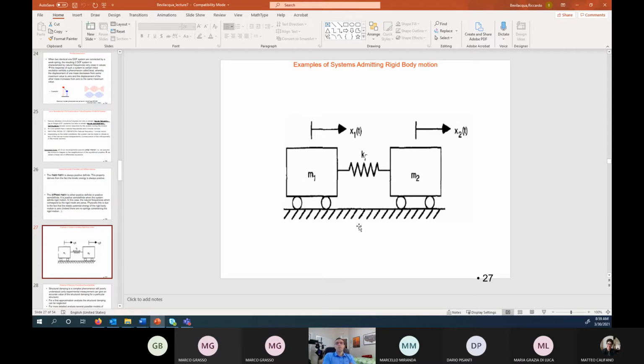So in that case, for a system like this, you can show to yourself that the stiffness matrix is semi-positive definite. So it admits a 0 eigenvalue because the system admits as part of the modes the mode that corresponds to omega equals 0.